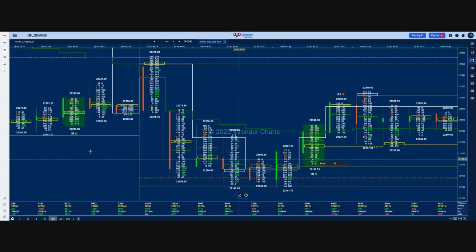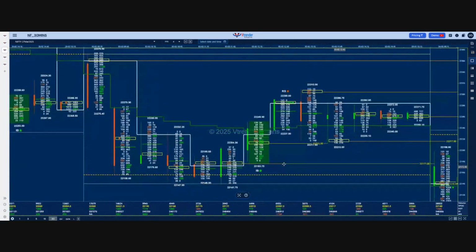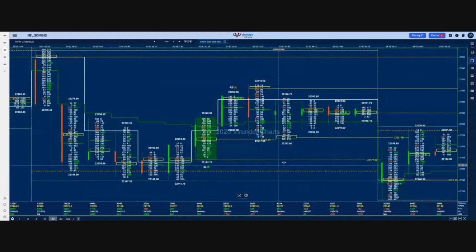Here we are seeing some demand coming back. The buyers started to fight back. So on 3rd we got this IB30, but we again met with sellers at this 22310 level. So we closed as a B-shaped profile with this IB30 being active.